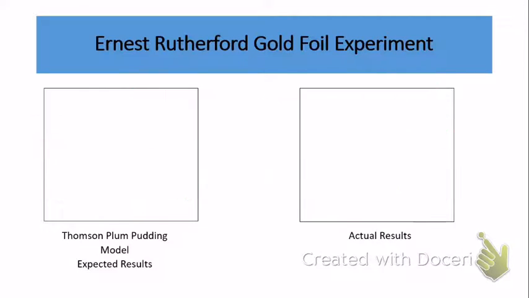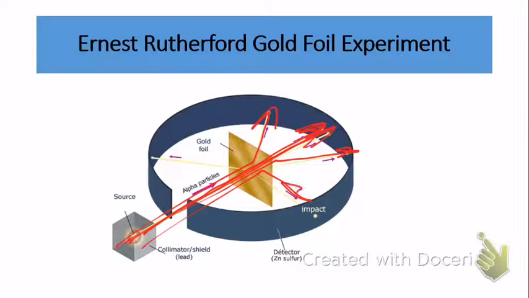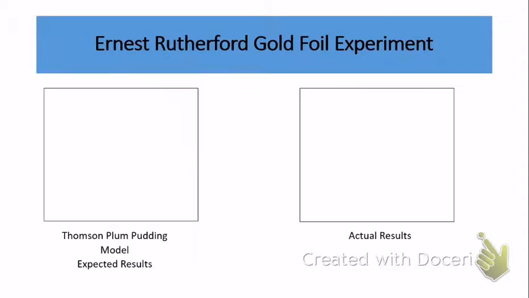So if we go back and look at the representation of his experiment, you can see that a lot of the alpha particles were going straight through, but some of them were being deflected at different angles. Okay? What could this mean about the atom? This is what Rutherford theorized, right, in our boxes.